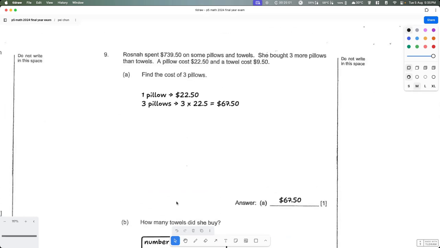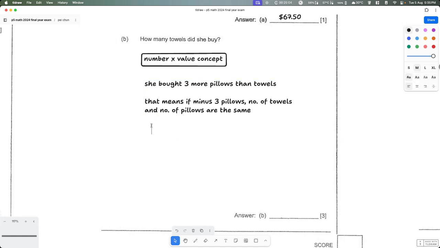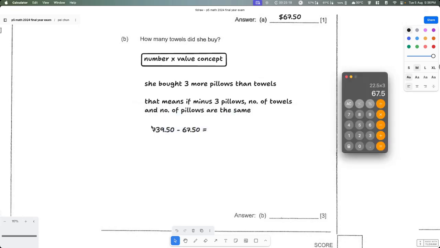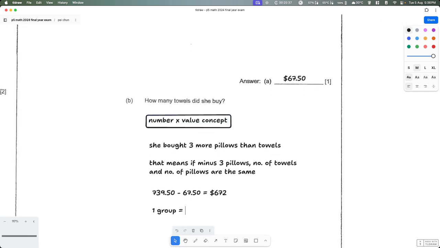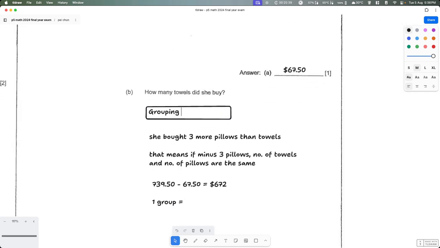So $739.50 minus 67.50. Okay, so what would this become? Where's my calculator? 739.5 minus 67.5 is equal to $672, right? So in this case, one group is equal to, actually this is a grouping concept. Grouping concept.